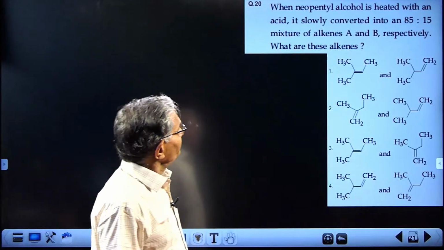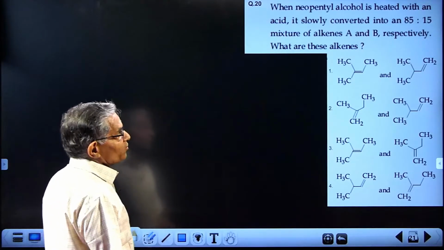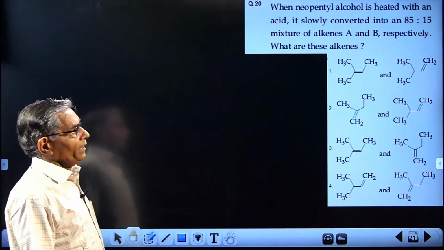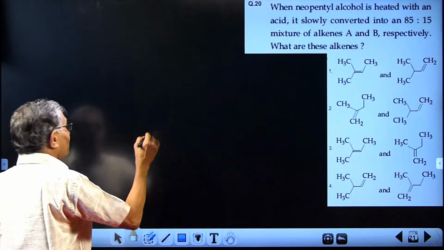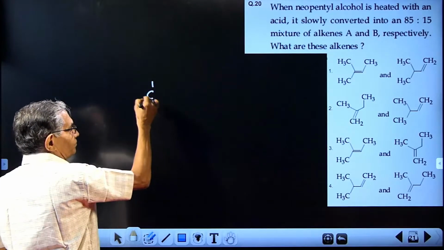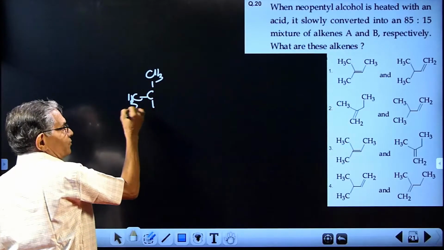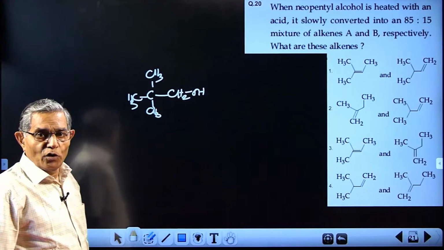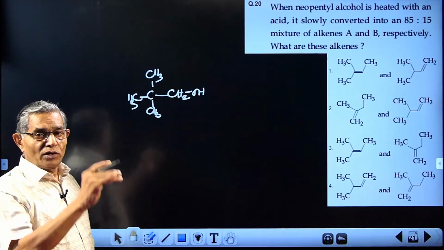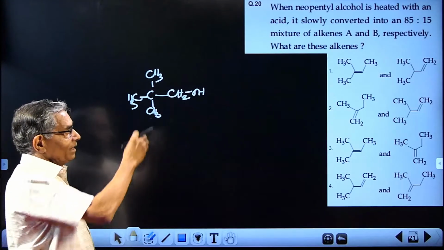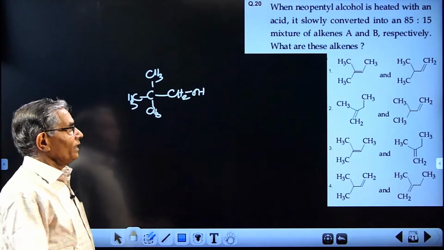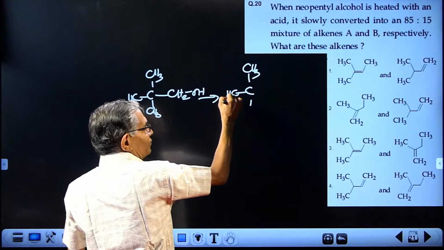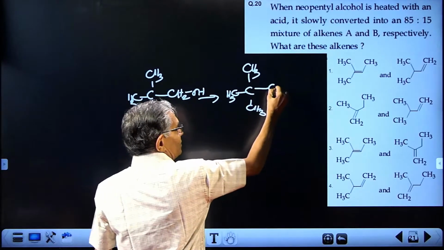Next will be 21. When neopentyl alcohol is heated with the acid, it slowly converts into an alkene. What is the possibility? Neopentyl alcohol actually contains C, CH3, CH3, CH3, CH2OH. On treatment with acid, first of all it will be protonated, then water is eliminated, and you are getting a carbocation, which will be CH3, CH3, CH3, followed by CH2+.